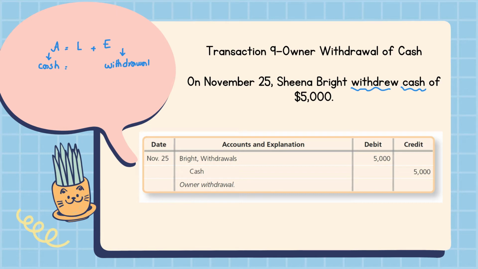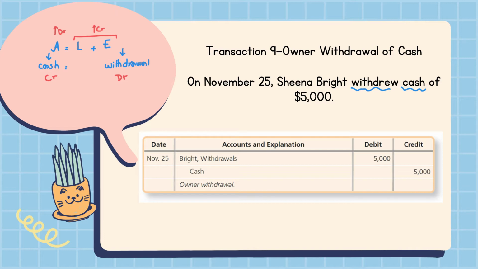So the normal balance for assets is debit side and the normal balance for liabilities and equity is credit side. Since cash has decreased, it's gonna go to the credit, and withdrawal will decrease my equity, so it's gonna go to the debit. As we know in the journal, we start with the debit account first.